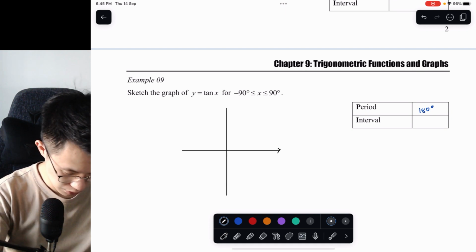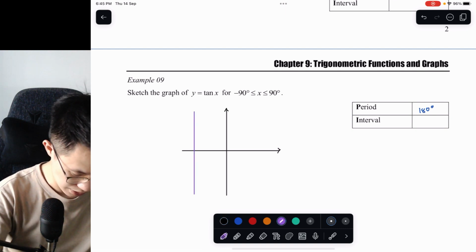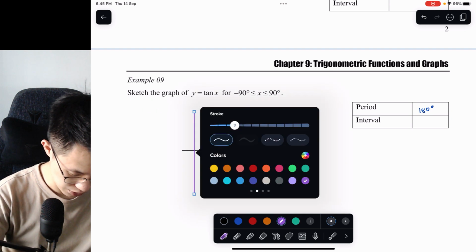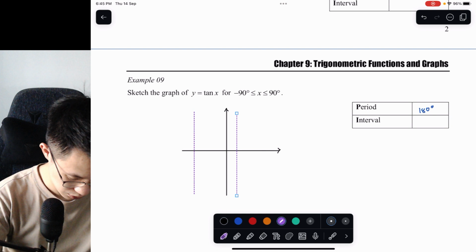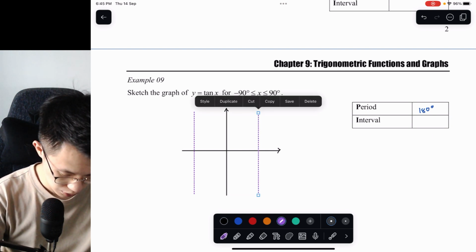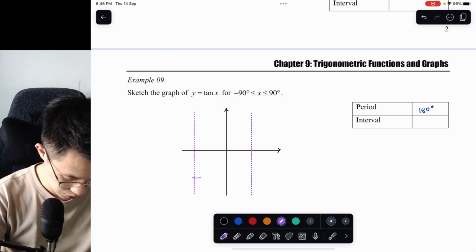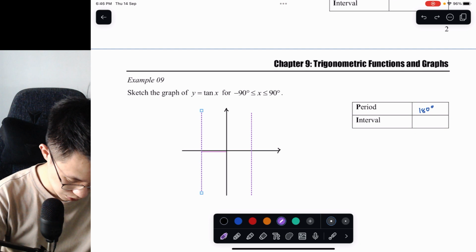Make sure it's in the middle. What you want to do now is to draw 2 dotted lines. I say again, 2 dotted lines for your asymptote. Somehow make it equal. You want to make it smaller, also can, up to you. And you just need to draw it well.